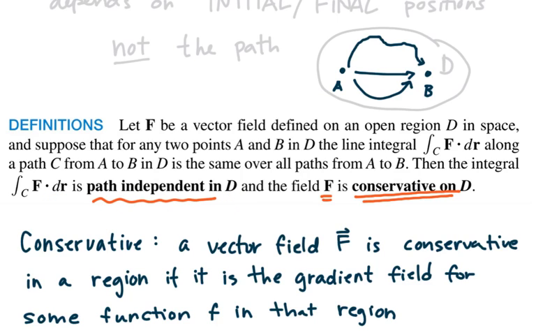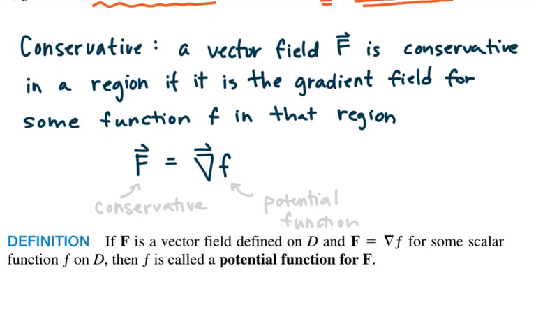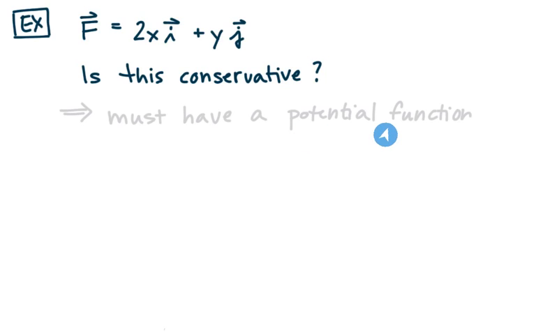Let's look at a little bit more. I'm going to do a small example to help us understand what it means to be conservative and have a potential function. Here we're given a vector field, which is 2x i plus y j. And I'm asking you, is this conservative? If it is conservative, then it must have a potential function.